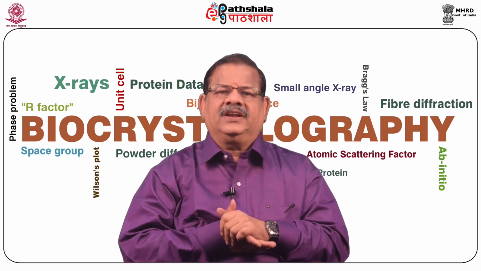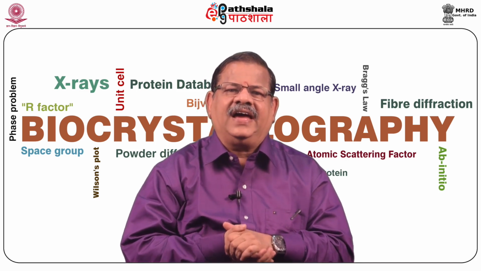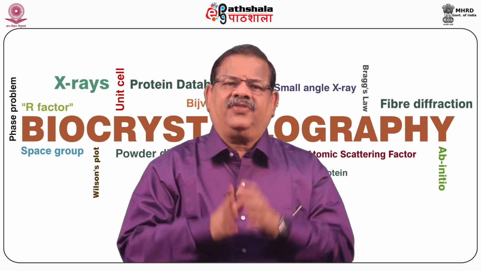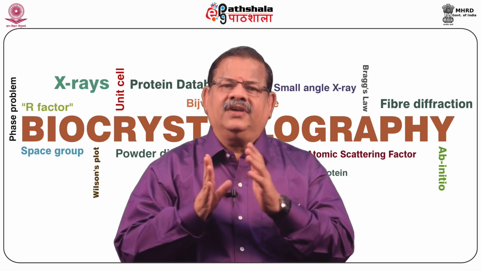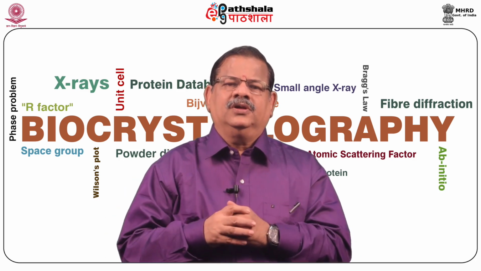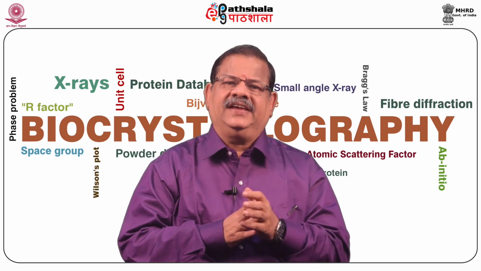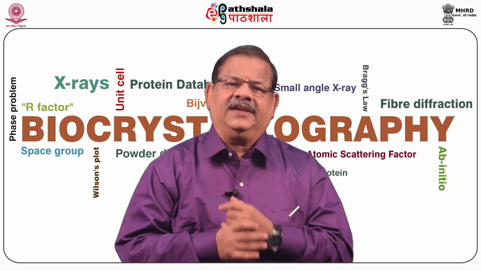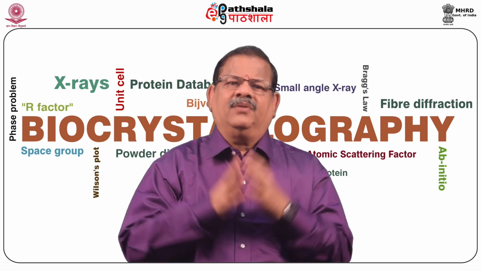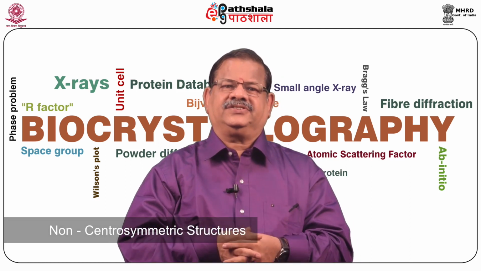That is how you can write a relation for the phases for the Sayre equation as phi of h plus phi of k is nearly equal to, or probably equal to, phi of h plus k. What does this tell you? By knowing the phases of two reflections h and k, I can get the phase of the new reflection h plus k. The above equation is used in phasing non-centrosymmetric structures.